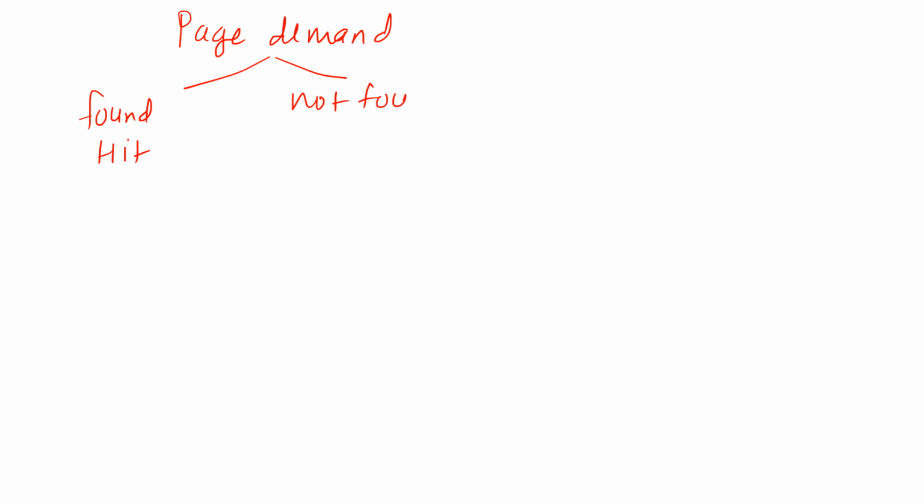So what I told you just now, page demand will have two things. If found, it's a hit. Not found, it's a miss. Okay, so if the page is not found in the page table, what will happen next?